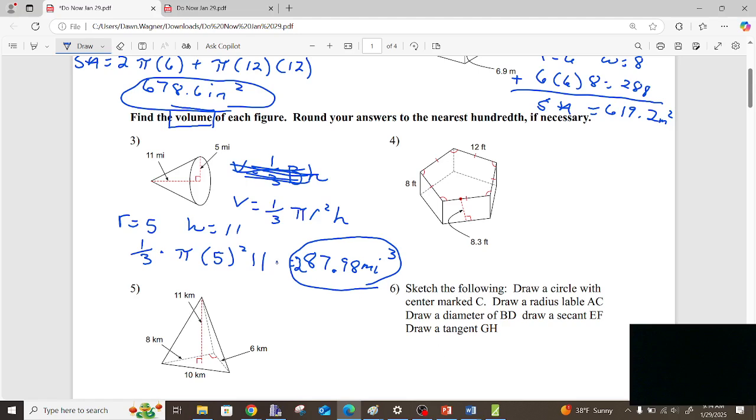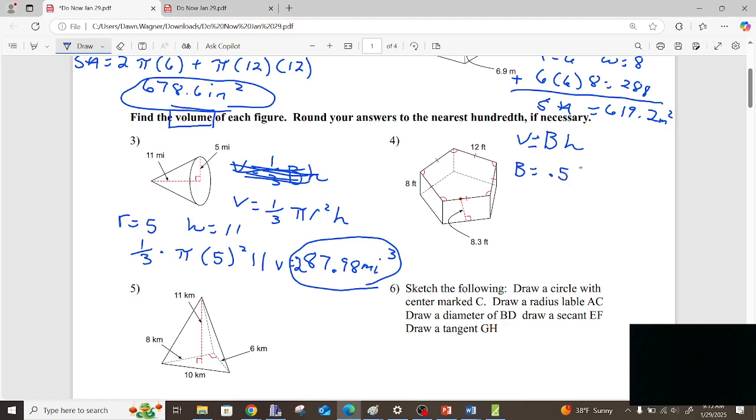Questions? Remember, this is volume. The volume for this one would just be area of the base times the height. So it's capital BH. The area of the base would be this regular pentagon. So I would do the formula for a regular figure.